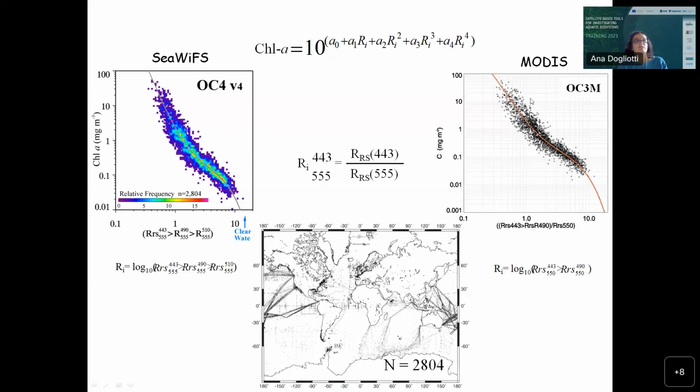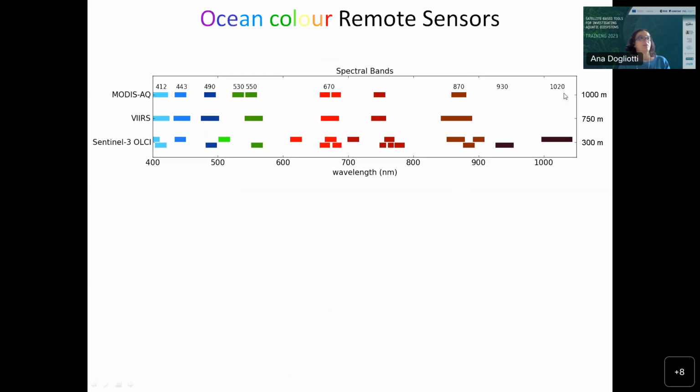So this is reflectance measured in situ, and chlorophyll concentration also measured in situ. These are the relation that has been measured, and the line is the best fit of all this data. This is done for different sensors you may have already heard about. So I will go a bit more into this sensor.